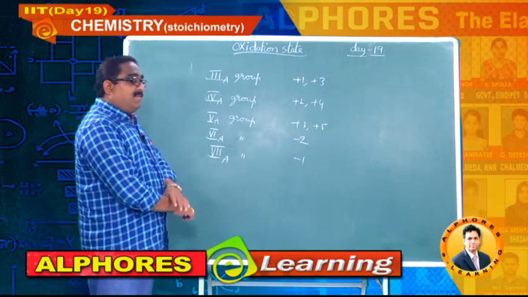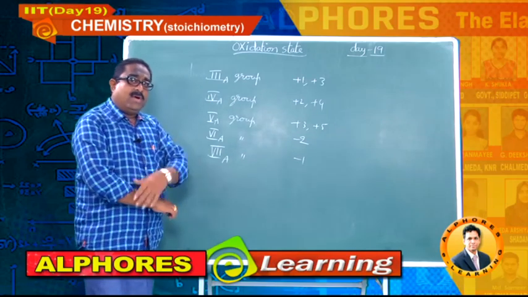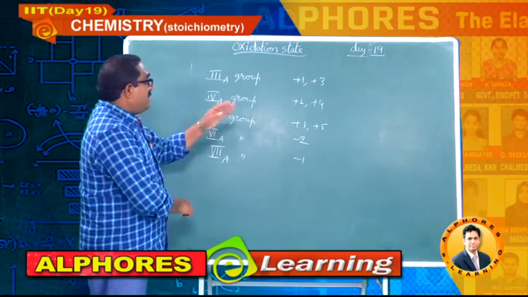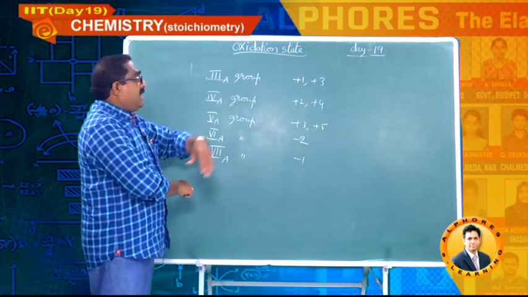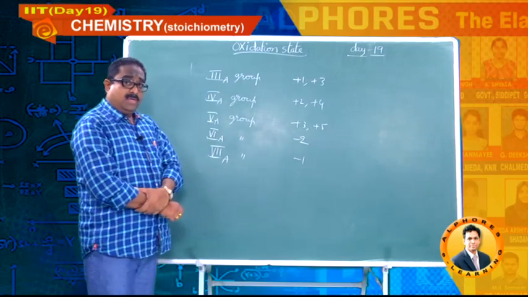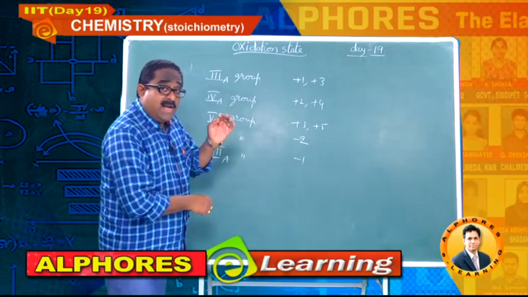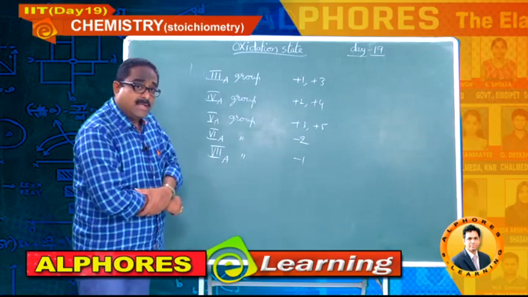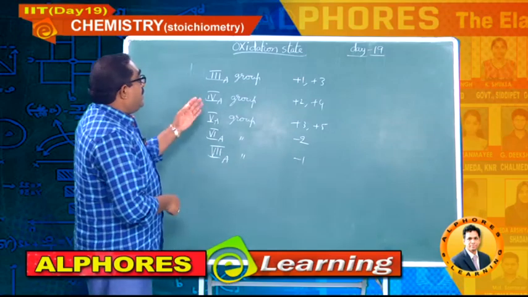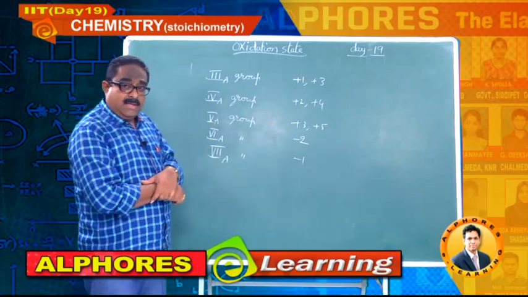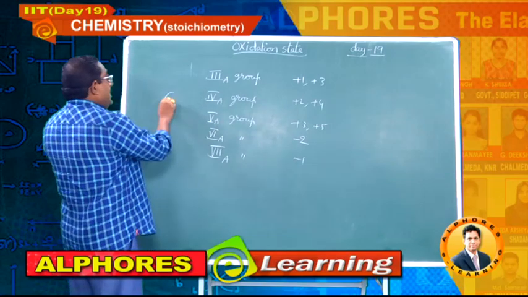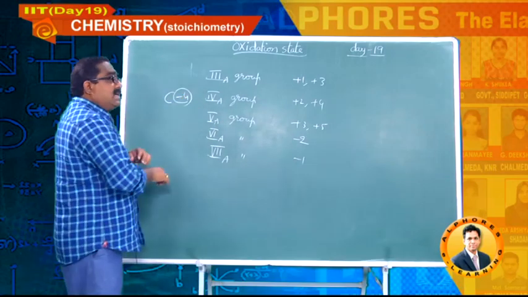Please note down this. Here I want to explain about the oxidation states. Suppose if you take 3rd A group elements, boron can also exhibit -3 oxidation state in its compounds. Suppose if you take 4th A group element, carbon can also exhibit -4 oxidation state.